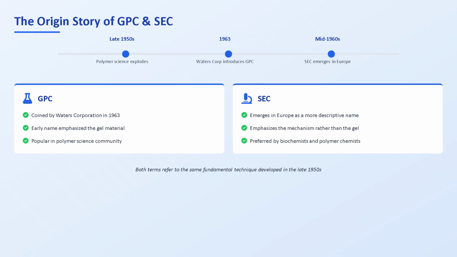The name highlighted the gel-like packings used inside columns back then. Meanwhile, in Europe during the mid-1960s, another group of scientists preferred a more universal name, size exclusion chromatography, or SEC. A term focusing on the separation mechanism rather than the column material. So two names emerged, but for the same underlying concept.